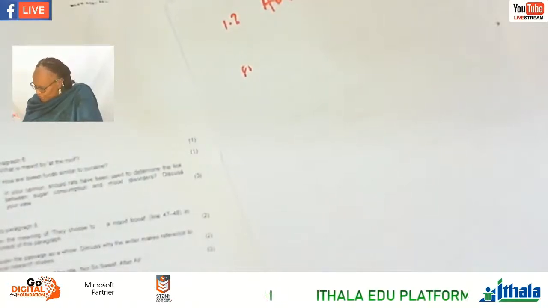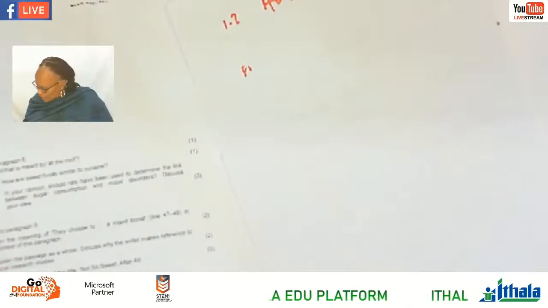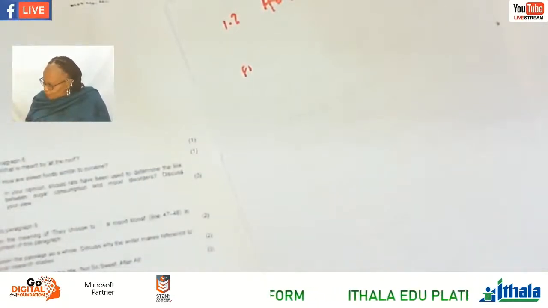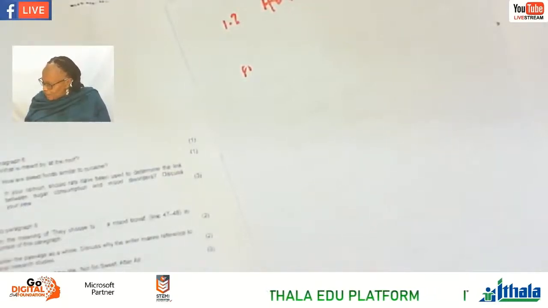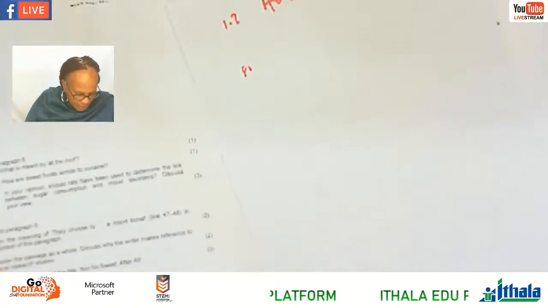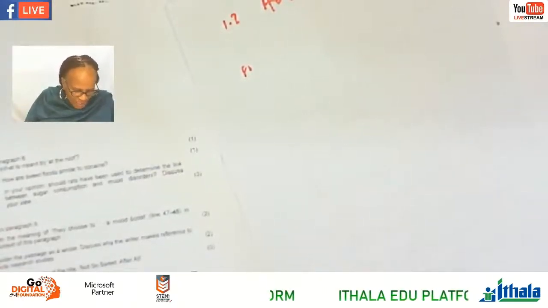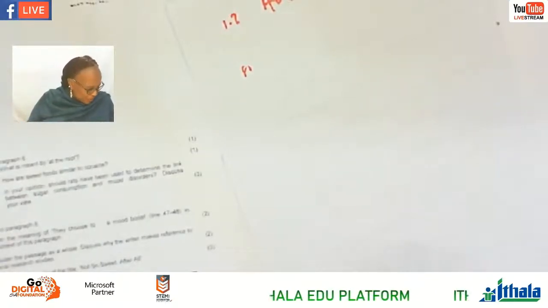Ukuthi bachaza ukuthini, line 47 to 48. They choose to consume sweet foods which soothe negative feelings in the short term by providing a mood boost. But explain ukuthi the meaning of chaza ukuthini lokho in the context of this paragraph.